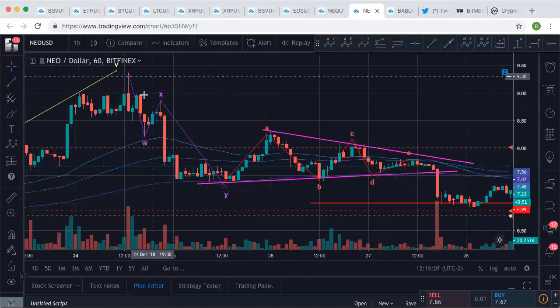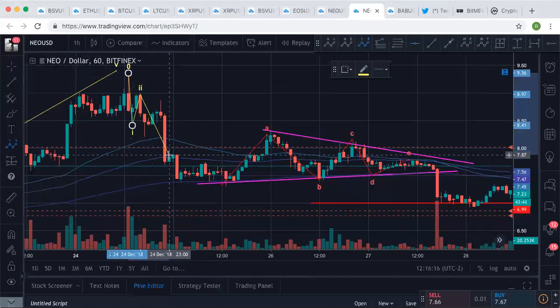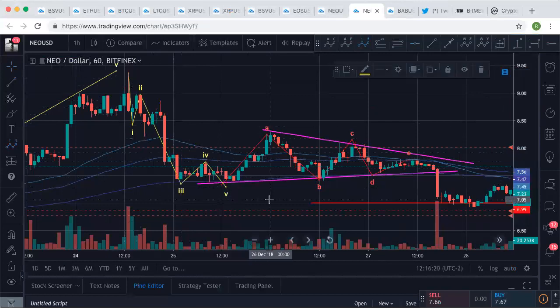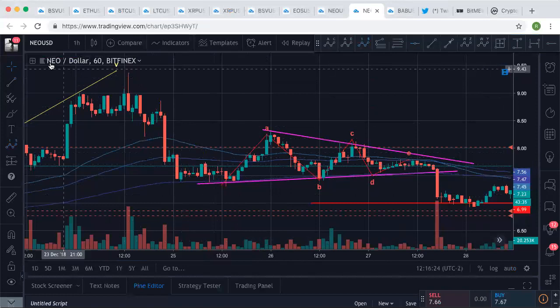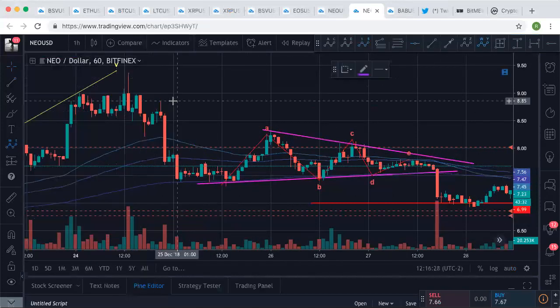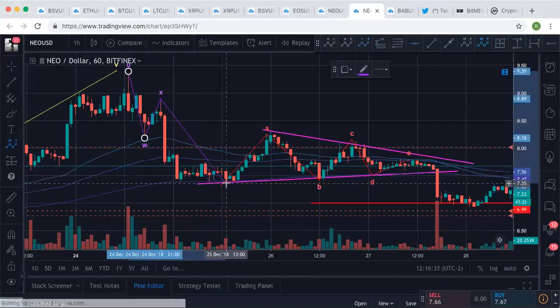This could be an internal third wave, sure, if we drew it like this. So it would be 1, 2, 3, 4, 5 with a truncated fifth, let's say. But that fifth, remember, only has 3 waves. So what it is most likely to be is a WXY pattern. 1, 2, 3, X wave, 1, 2, 3.